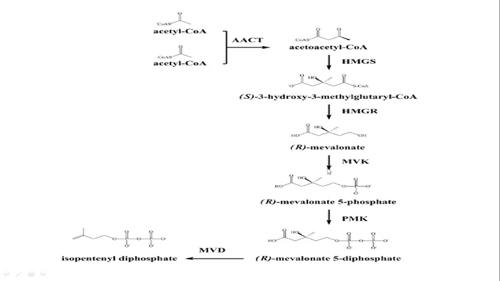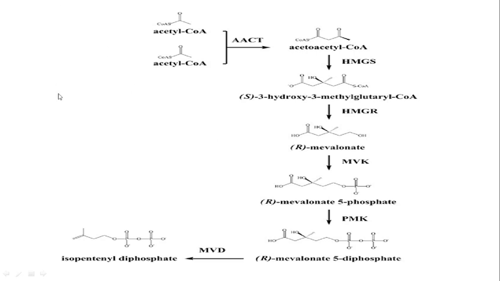From that mevalonate, mevalonate 5-phosphate, or 5-phosphomevalonate, is formed. From mevalonate 5-phosphate, it will form mevalonate diphosphate or pyrophosphate.